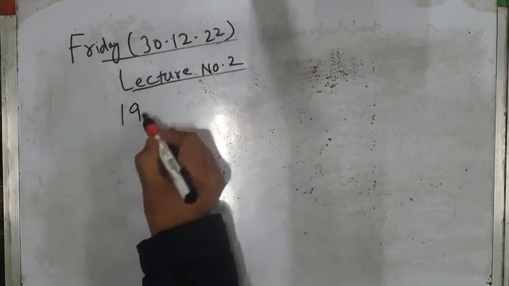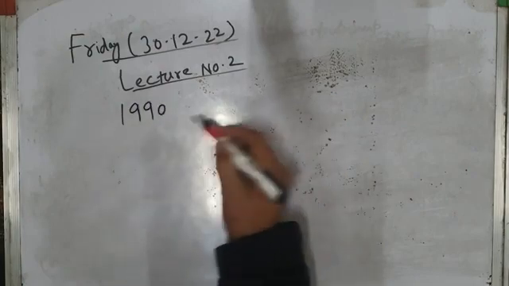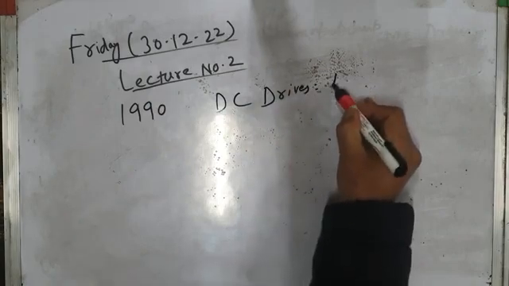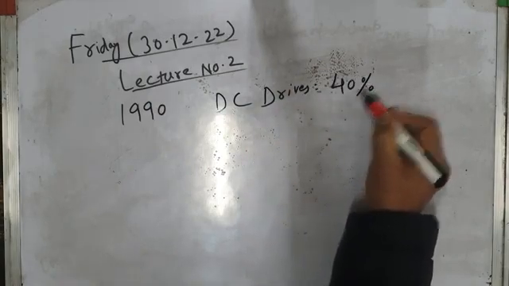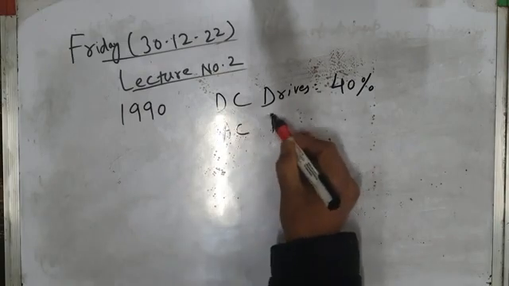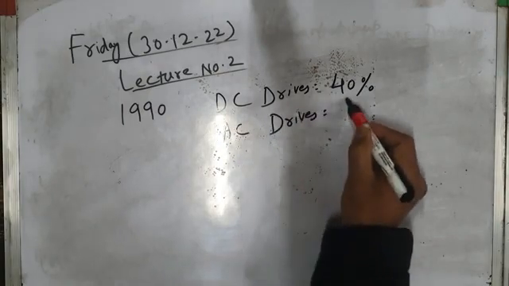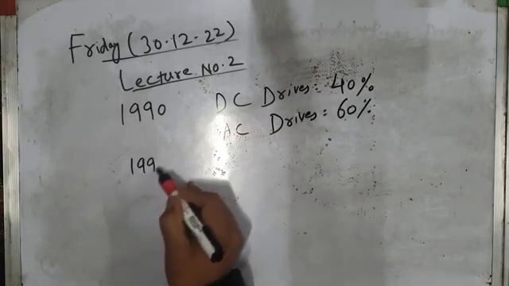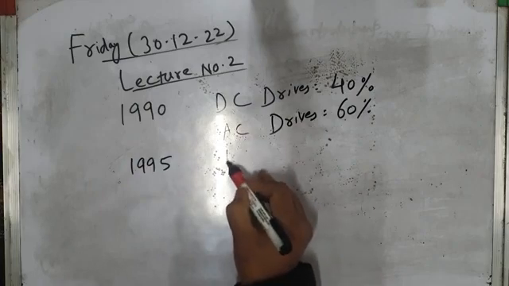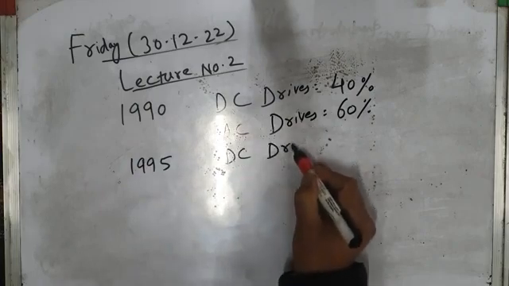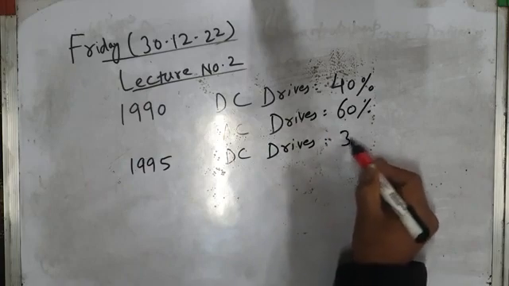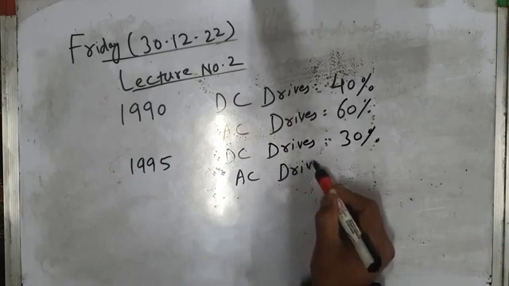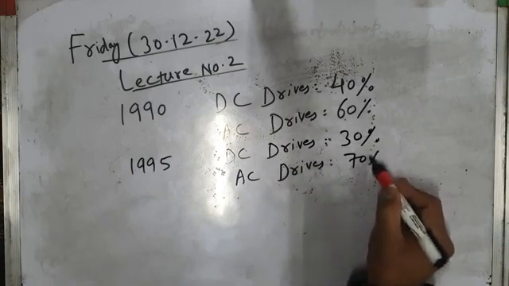If you see the scenario, in the year 1990, DC drives constituted about 40% of total drives used by industries, as compared to AC drives, which formed about 60%. In 1995, this figure changed. The use of DC drives reduced from 40% to 30%, and AC drives increased from 60% to 70%.